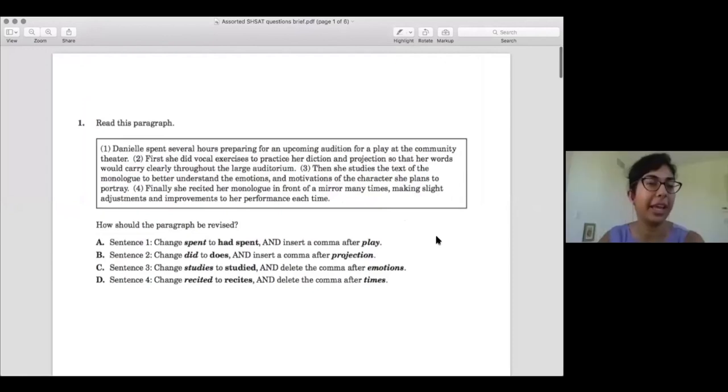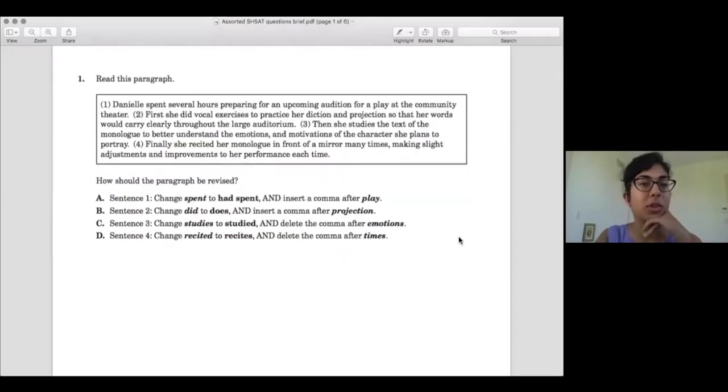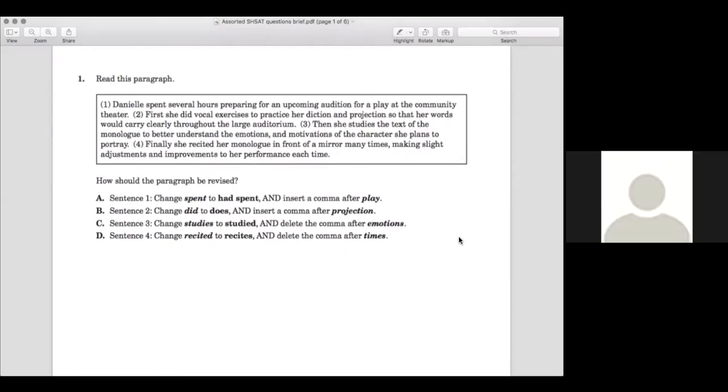Yes, it would be under ELA, in revising and editing part A. So when you start the ELA section, this kind of question is going to be one of the first questions that you see. You can see here that there are 4 sentences, and each has 2 different changes that could be made to one of these sentences. So could someone do me a favor and read it?